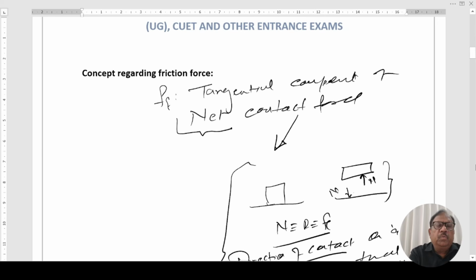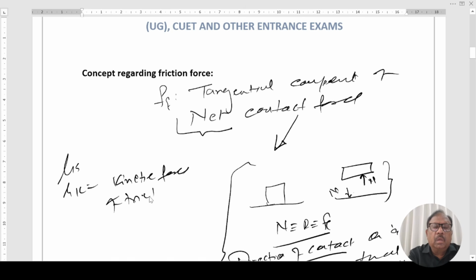Now, what is mu s? What is mu k? Kinetic force of friction. And what is static force of friction?